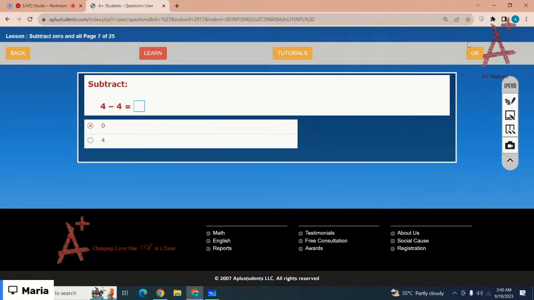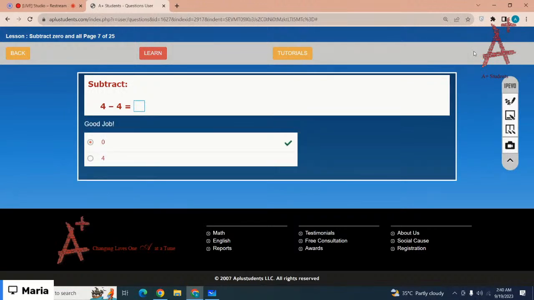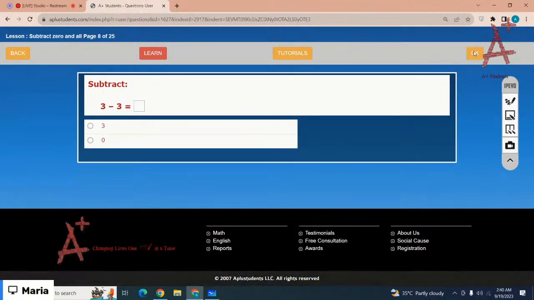The correct option is 0. 3 take away 3 equals, yes, that would be 0. So 3 take away 3 equals 0. The correct option is 0.